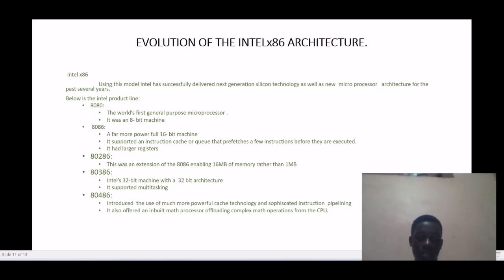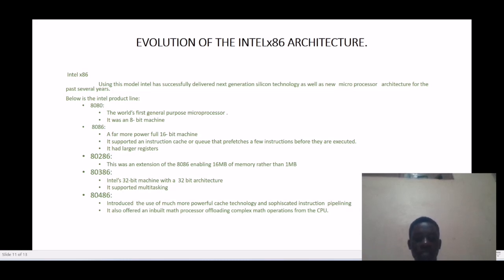The 8086, a far more powerful 16-bit machine, and it supported an instruction prefetch that fetches the instructions before they are executed, and it had large registers. The 80286.